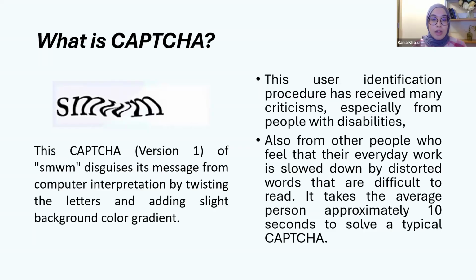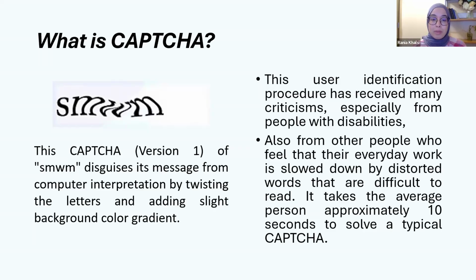Now, CAPTCHA systems have received a lot of criticism, especially from people with disabilities, since sometimes it's difficult to write it correctly. Even I personally don't like it that much, and I'm sure many of you think that it wastes your time, it's difficult, sometimes impossible to solve and so on.